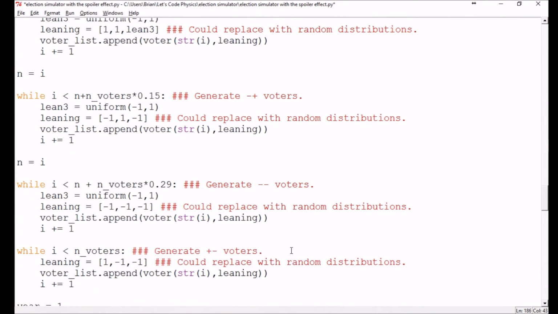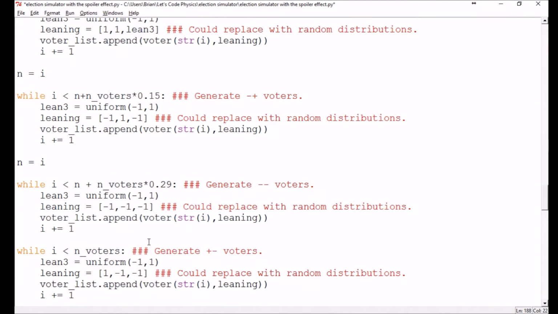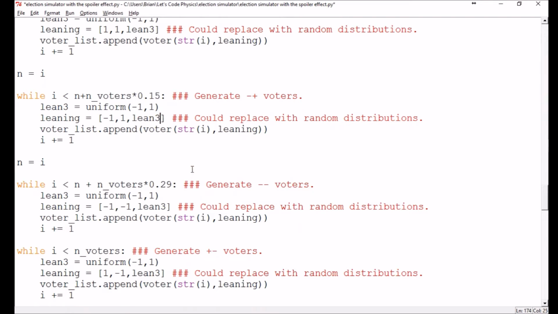So everybody leans sometimes. I have learned to not trust my fingers to type things, so copy paste is my friend.